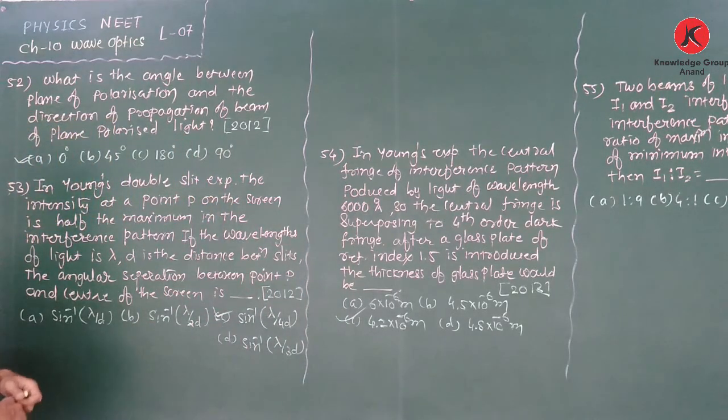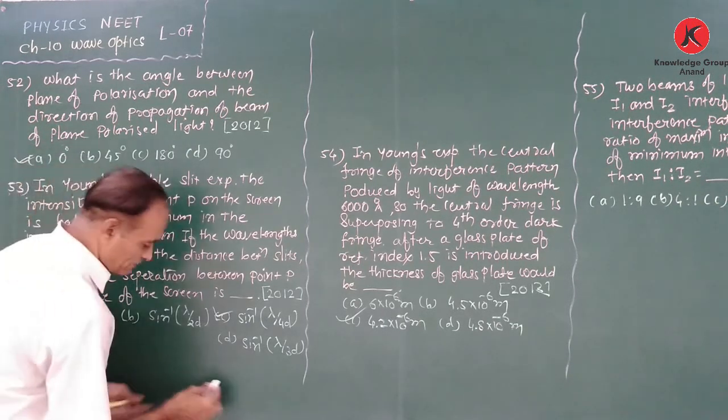Next is Young's double slit experiment, also asked in 2012. The intensity at a point P on the screen is half of the maximum in the interference pattern. If the wavelength of the light is lambda and d is the distance between the slits, we have to find the angular separation between the point P and the center of the screen.